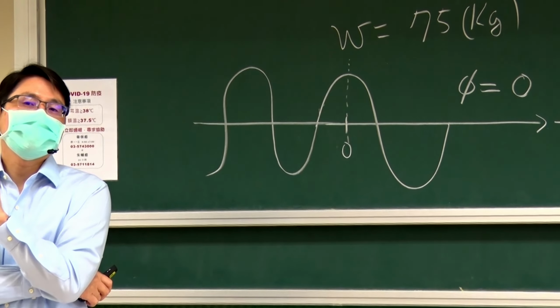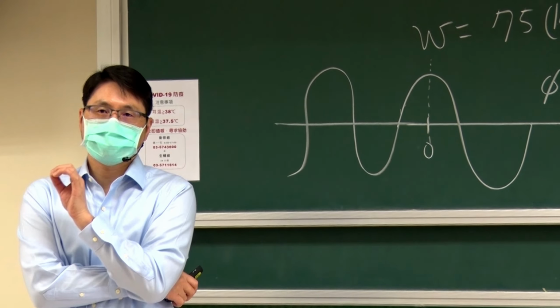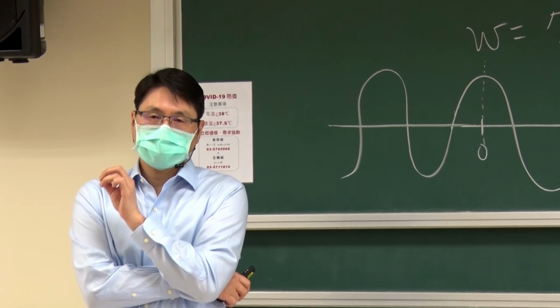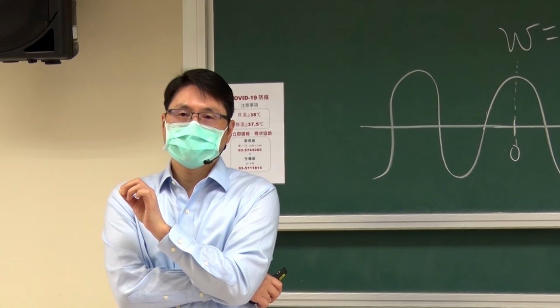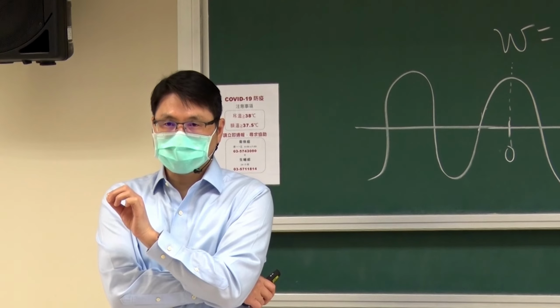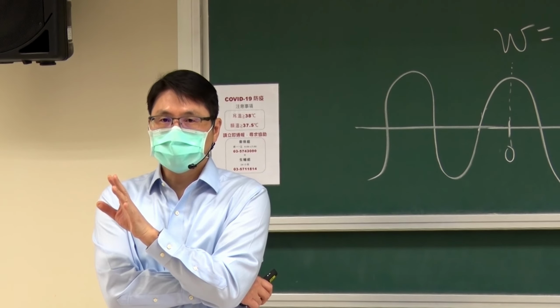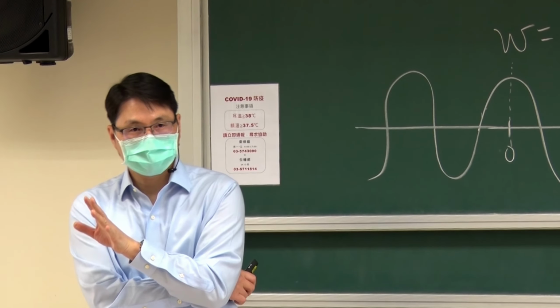Since cosine and sine, these trigonometric functions are periodical, how can you define phi equals 0 or 2 pi or 4 pi or whatever, an integer multiple of 2 pi?